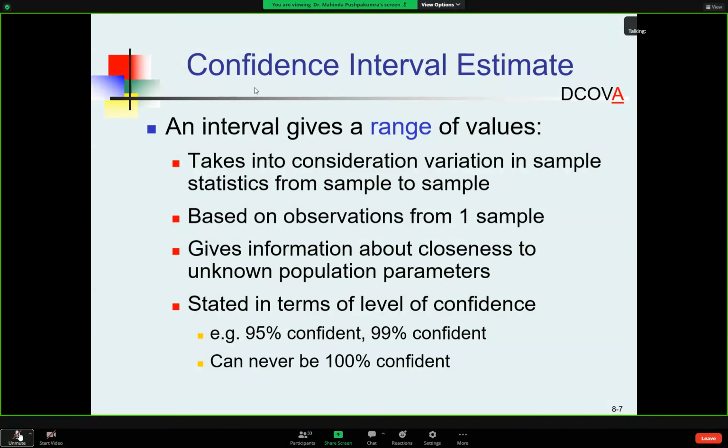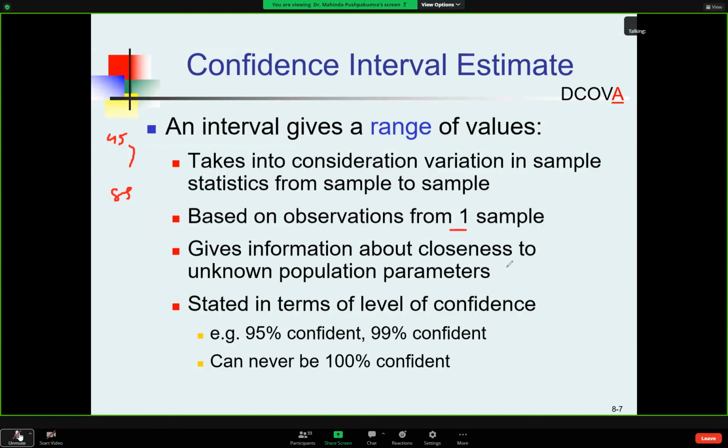Again, take into consideration the variation in sample statistics from sample to sample. Our sample mean is 95.8; if you select another sample, sometimes it may be 85. When you construct a confidence interval, you have to consider this variation. It is based on the observations from one sample.